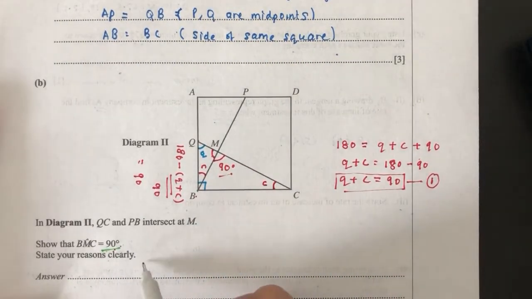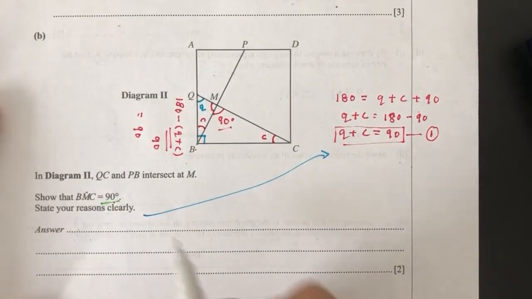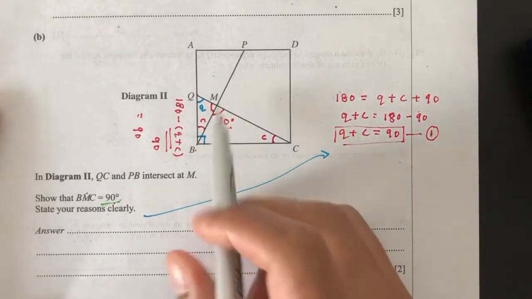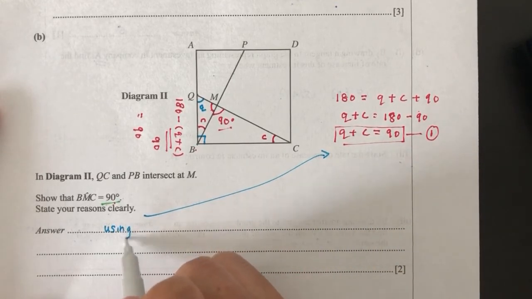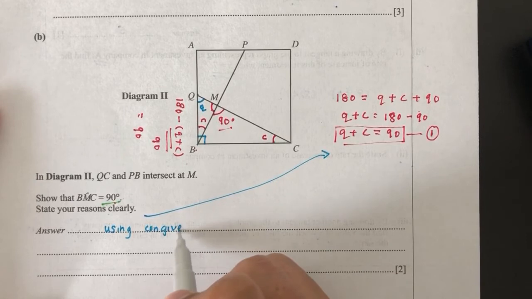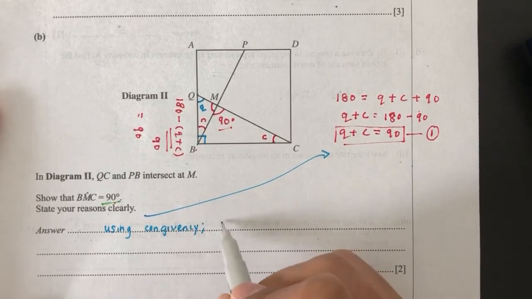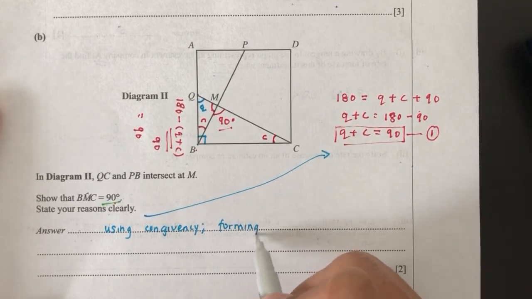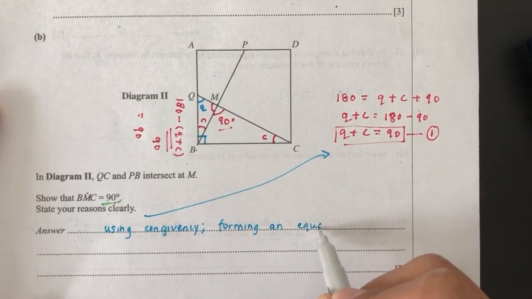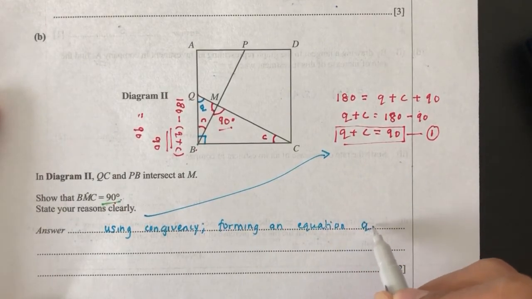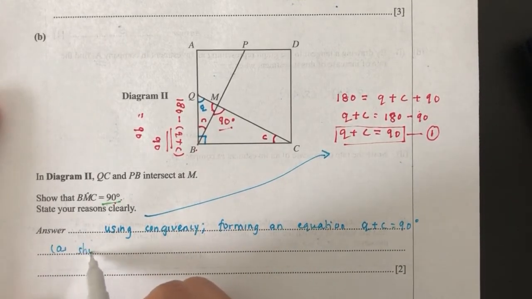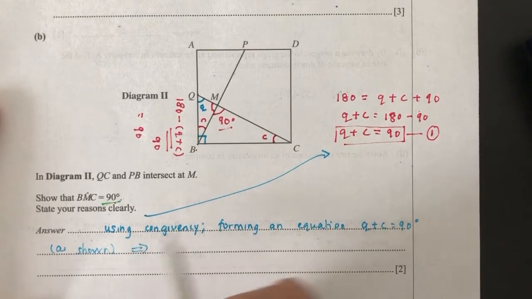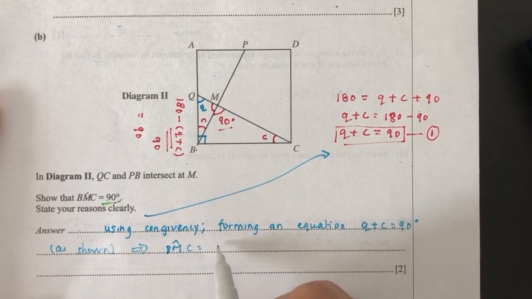So you can just point out the explanation. For the reasons, you can try to mention that using congruency and forming an equation, Q plus C as shown, we have proven that angle BMC is equal to 90.